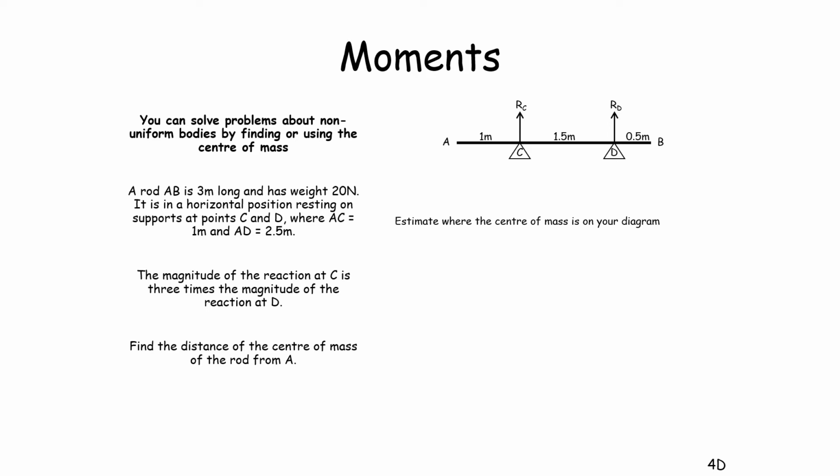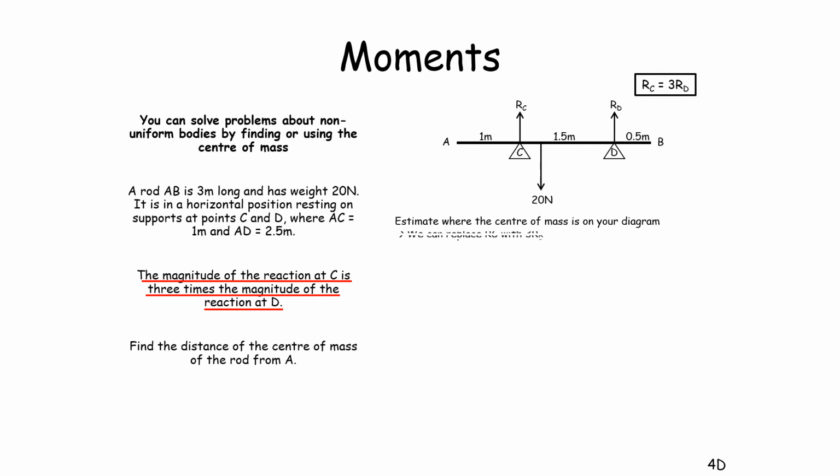Since the normal reaction at C is 3 times the reaction at D, it's going to be closer to C. Think about it: RC is 3 times RD, so the center of mass is more likely to be closer to C, because this value is 3 times bigger than the value at D.